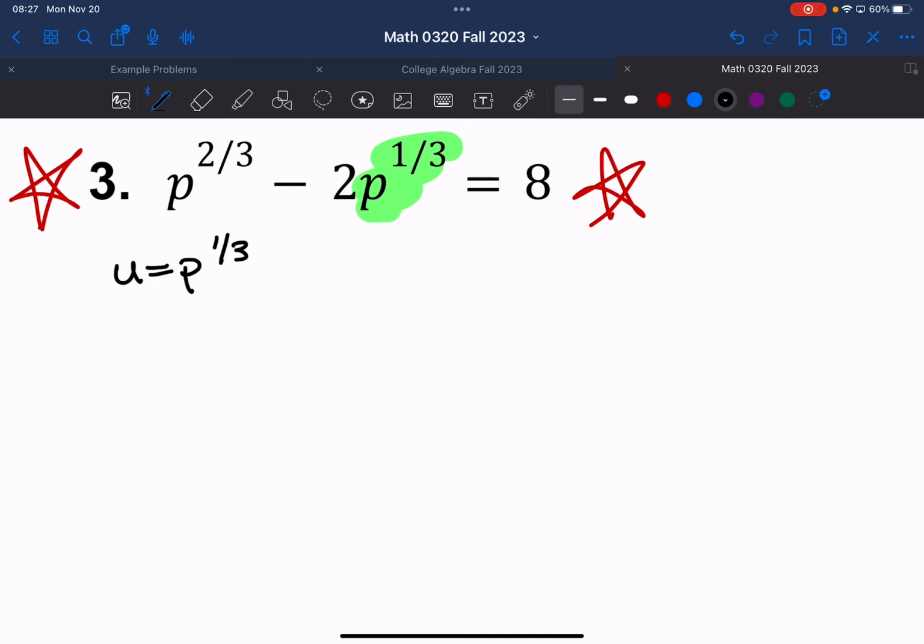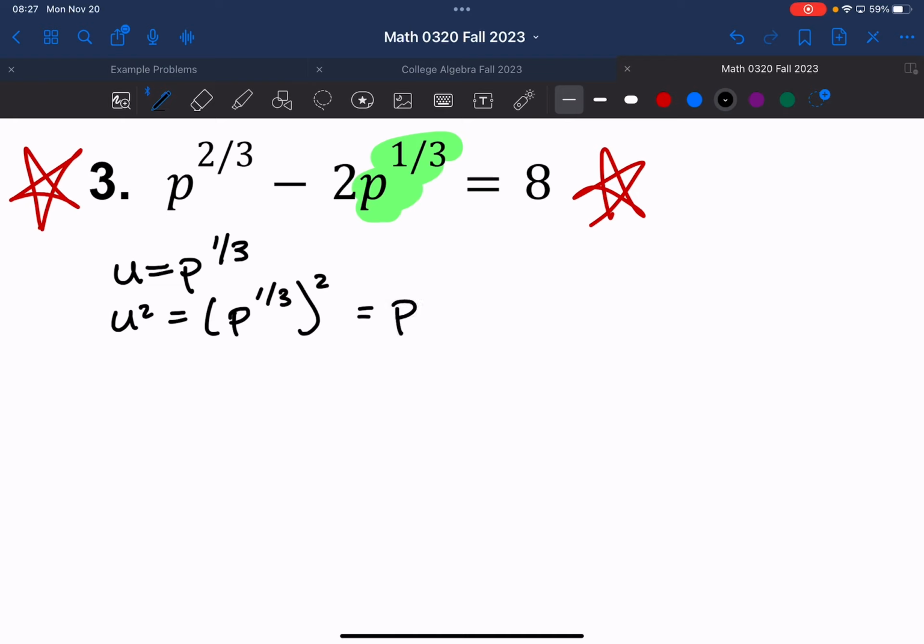Because if we need to plug in a u squared, it is just going to be that u value of p to the 1/3 squared. And when we have an exponent raised to another exponent, what do we do to those two exponents? Multiply. So what's 2 times 1/3? Keep it as a fraction. 2/3.